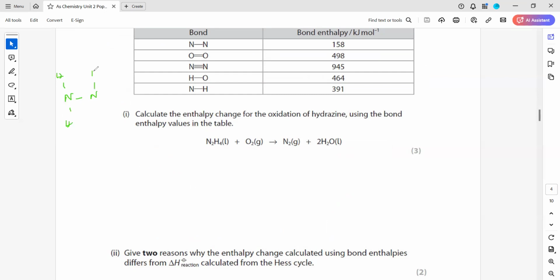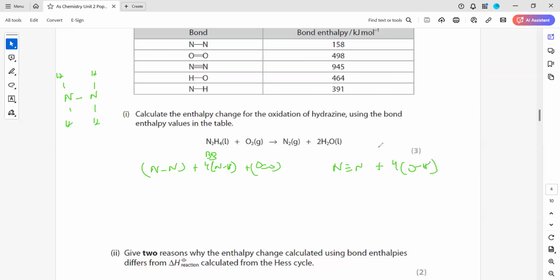So this will be N. So there is a nitrogen single bond, and there will be 4 NH bonds. And oxygen double bond, that will be the bond breaking side. And on the bond forming side, nitrogen triple bond, and then H2O, so H-O-H. So how many OH bonds? 4, because in one water molecule there are 2 OH bonds. So in 2 water molecules there will be 4 OH bonds.